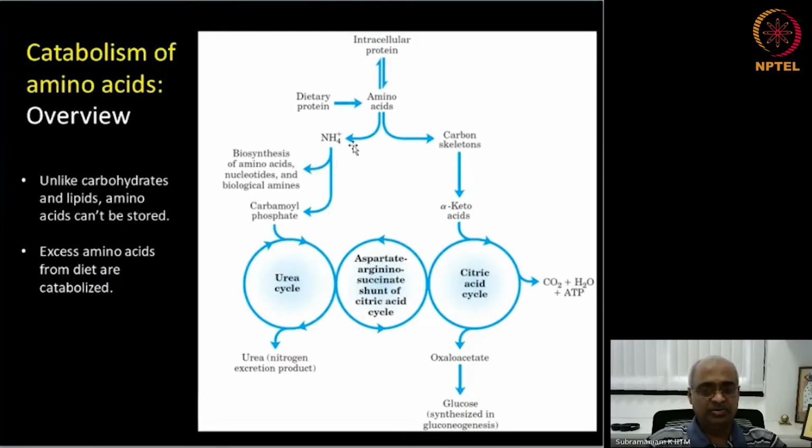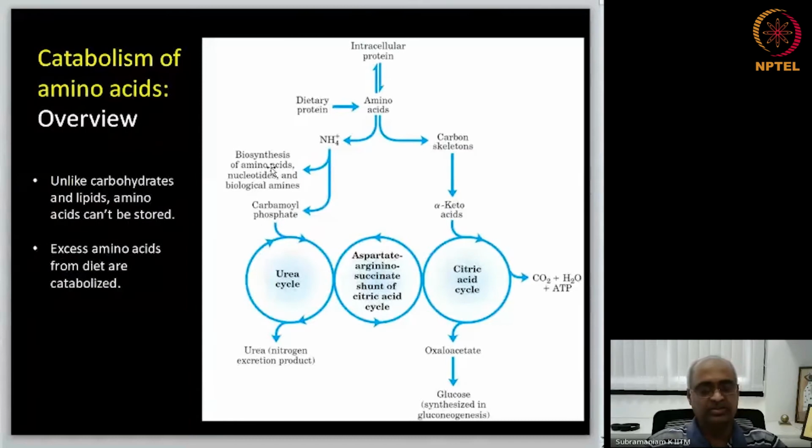Then the amino group, ammonia essentially liberated from amino acids, is recycled by incorporation into purine and pyrimidine synthesis, and other biological amines, which we are not going to learn. There are a set of molecules called polyamines.